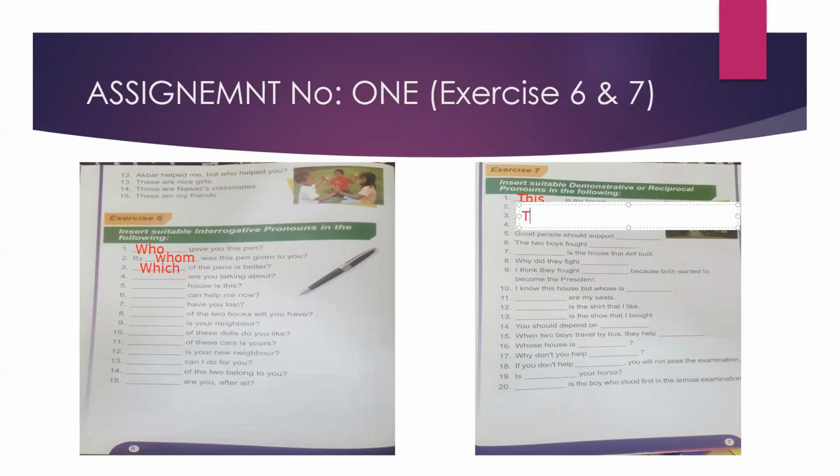Number four, they help each other. Very easy, dear students. So here if this, that, these are demonstrative pronouns, then they help each other has a reciprocal pronoun. Each other is a reciprocal pronoun.